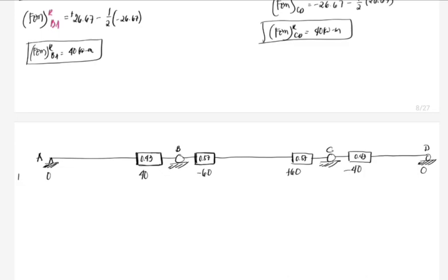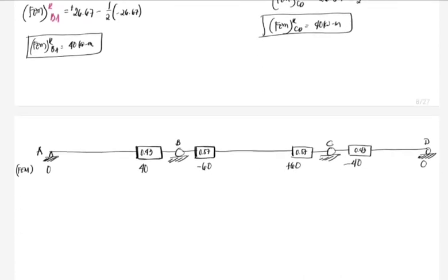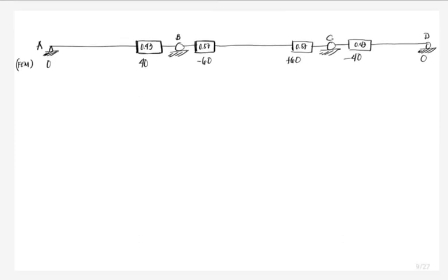This is our fixed end moment value. So, we have here 0, 40, and 0, 40, tapos negative 60, positive 60, and then we have negative 40, and then 0. Ito po yung ating moment distribution method. Ganito na lang kayo gumawa kasi mas maganda at mas organized tignan or hindi nakakalito.